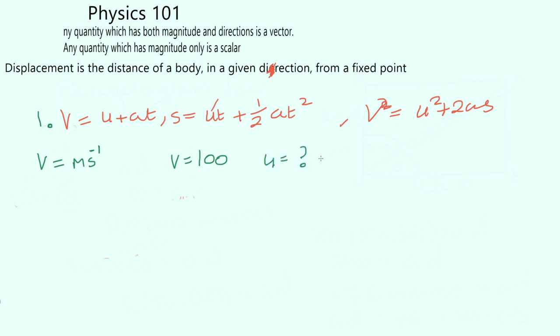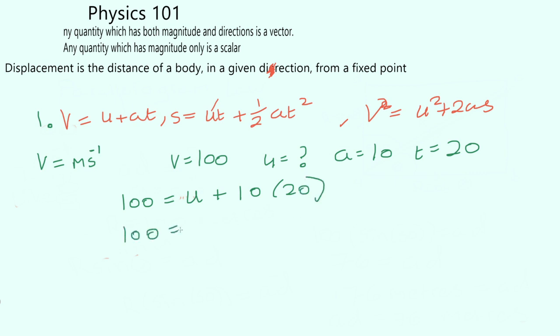So we had a u equal to question mark, and we had an a equal to 10, and a t equal to 20. Okay. So now if we wanted to find u, we just sub values in here. We'd have 100 equal to u plus 10 by 20. Alright, so then if you enter that on your calculator, you get 100 is equal to u plus 200.